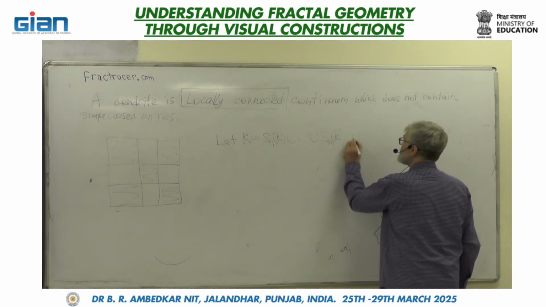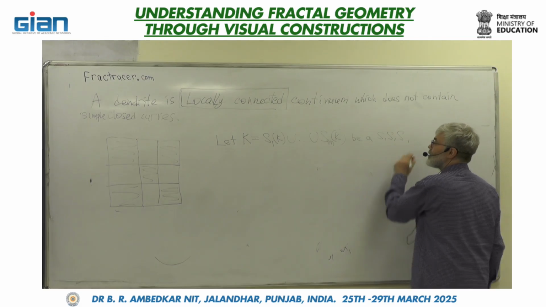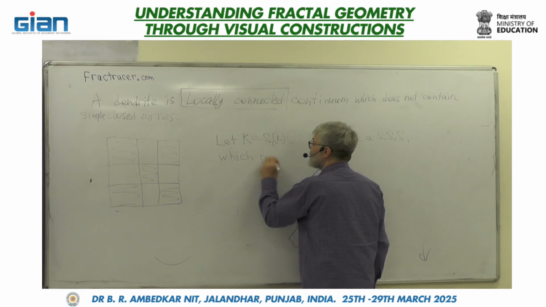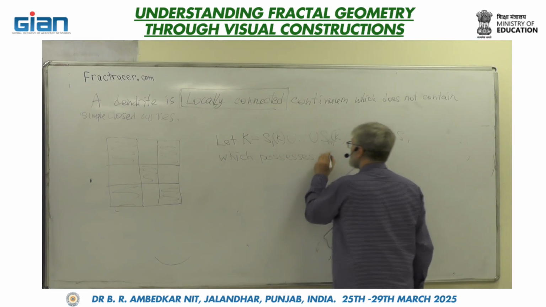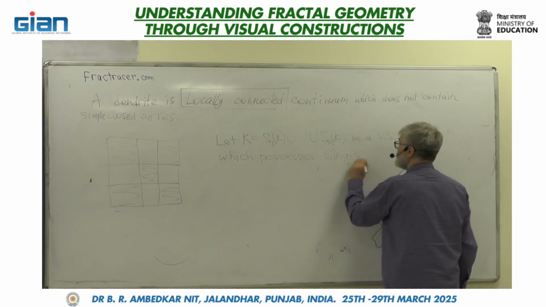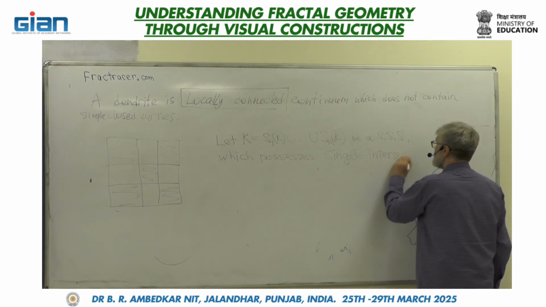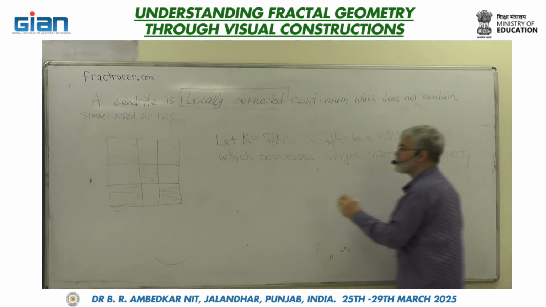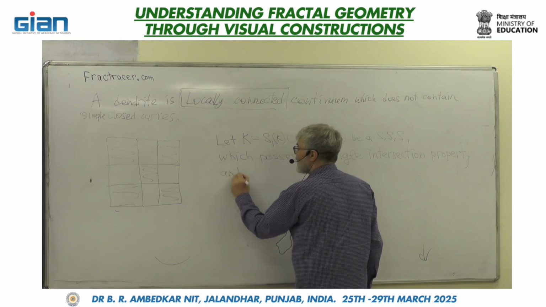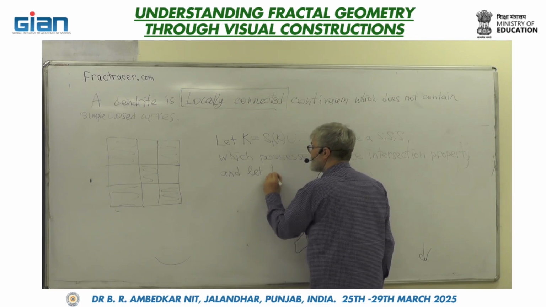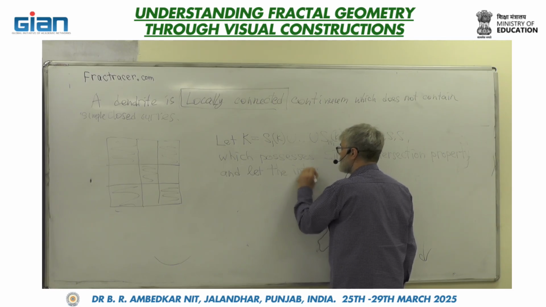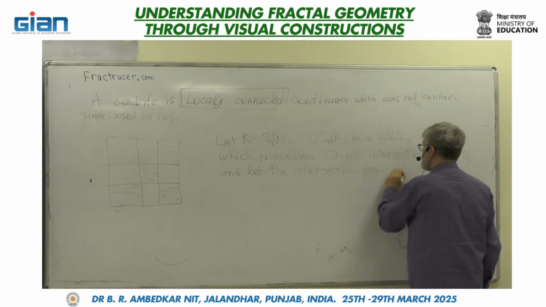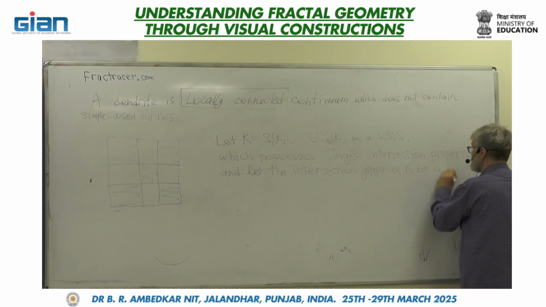Let K be a self-similar set which possesses the single intersection property, and let the intersection graph of K be a tree.